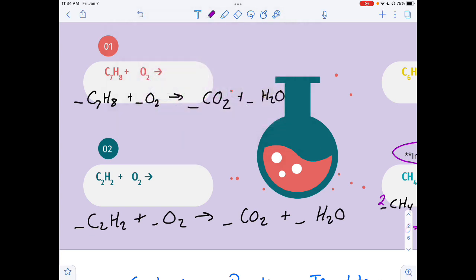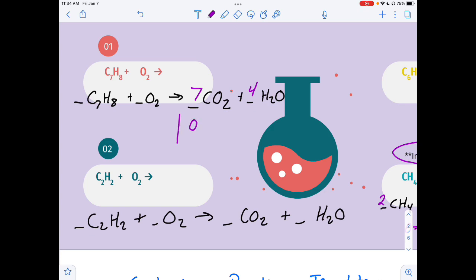My tip for you when you're balancing a combustion reaction is to use the big subscripts for carbon and hydrogen first. So in this case, I'm going to balance 7 carbons on both sides and 8 hydrogens on the left side. 4 times 2 gives me 8 hydrogens on the right side. Now go back and balance your oxygen.